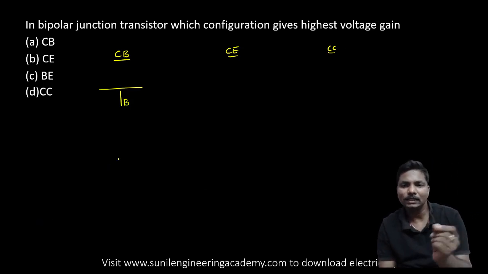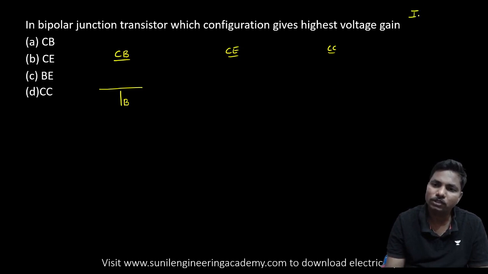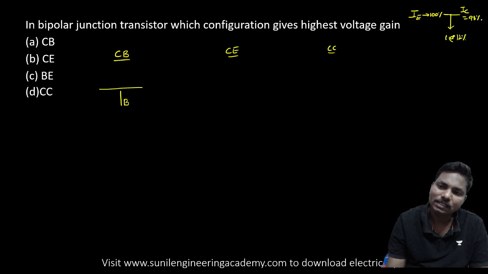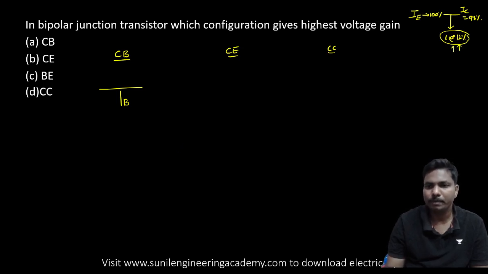If you send IE as 100%, then the base current is 1 or 2%, and IC is 98%. Let us consider that. If you connect the base as output, that does not serve our purpose.